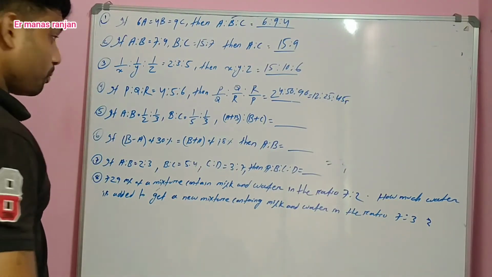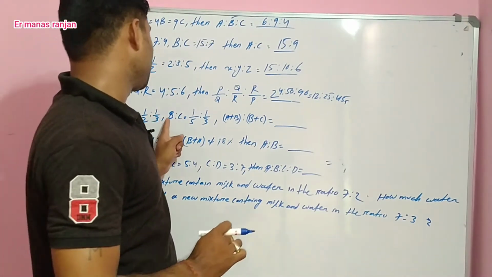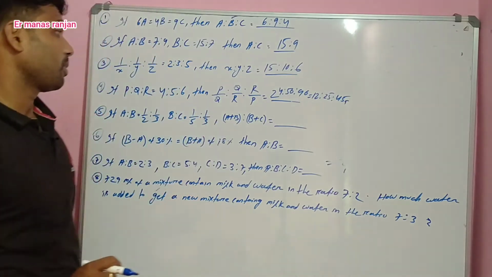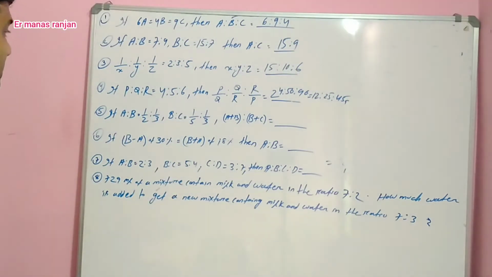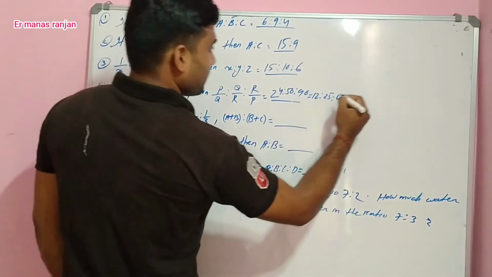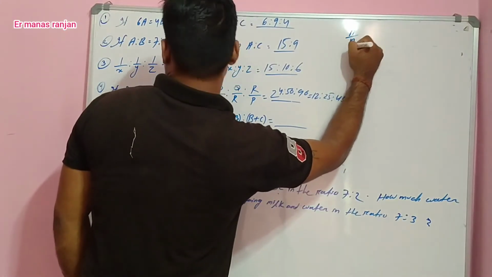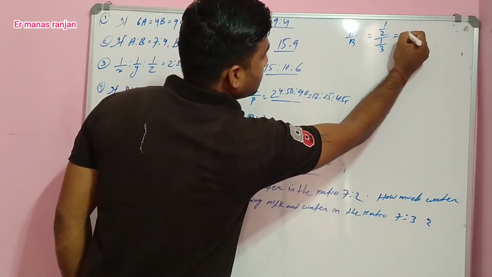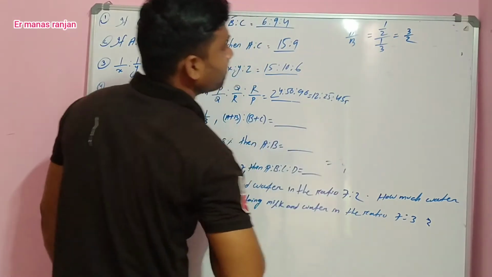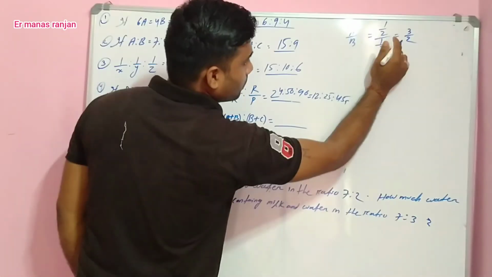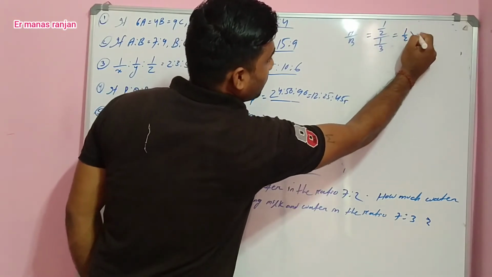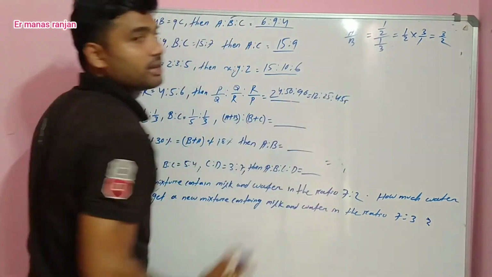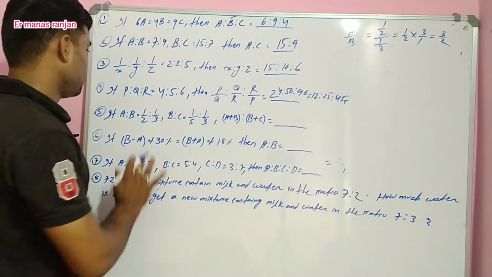Okay, another question. A is to B equal to 1 by 2 is to 1 by 3, B is to C equal to 1 by 5 is to 1 by 3. Find A plus B is to B plus C. So tell me A by B: 1 by 2 by 1 by 3 means half into 3 by 1, that is equal to 3 by 2.